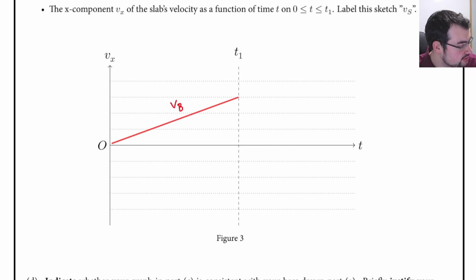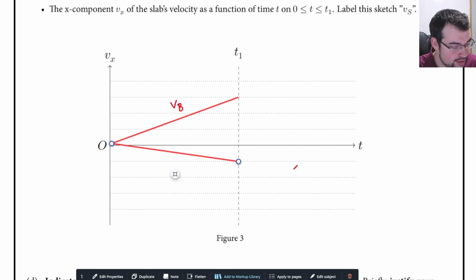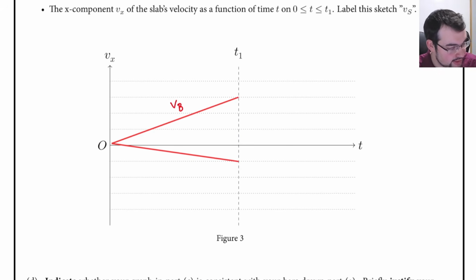And then the slab, what does the slab do? Well, the slab goes in the opposite direction, but it has a lower speed, exactly 1/3 of the speed, but in the opposite direction.